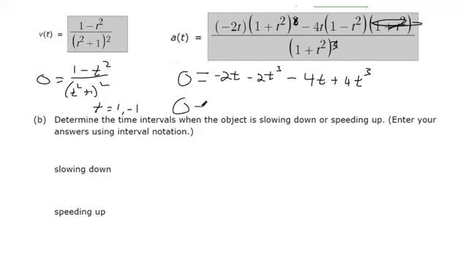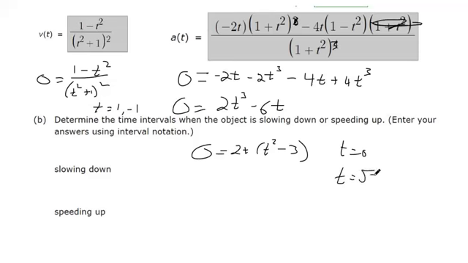And then if we simplify, minus 2t to the 3rd plus 4, that's 2t to the 3rd minus 6t. So factor out 2t. And then you want to solve. You're going to get t equals 0, t equals square root of 3, positive or negative, when you solve that equation. Okay, so that's all the places where it can switch direction.